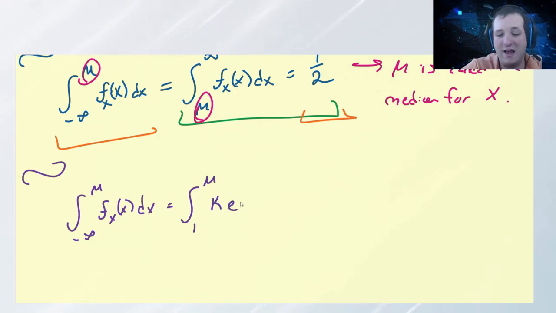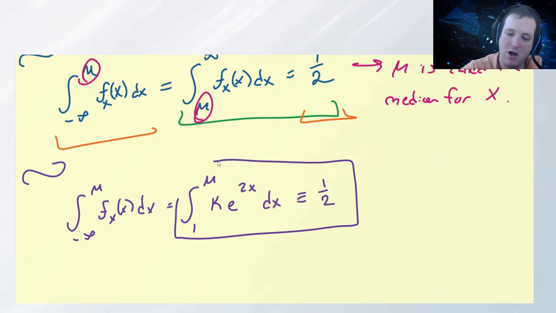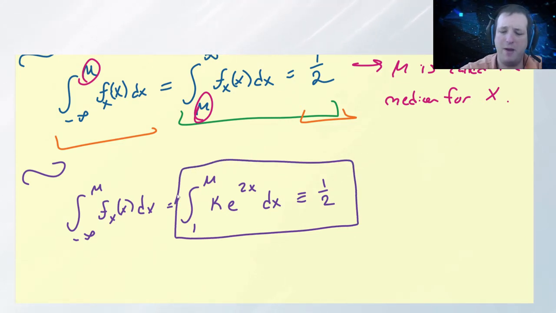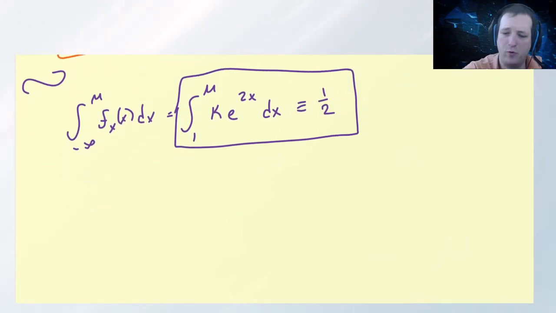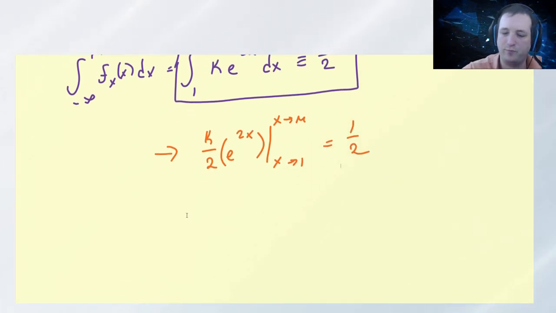I'm just going to use k, so I don't want that ugly number there. We're solving for that upper bound, trying to figure out what value m makes this equation true. So that's going to be equal to k over 2 times e to the 2x, evaluated at m and at 1, set equal to 1/2.